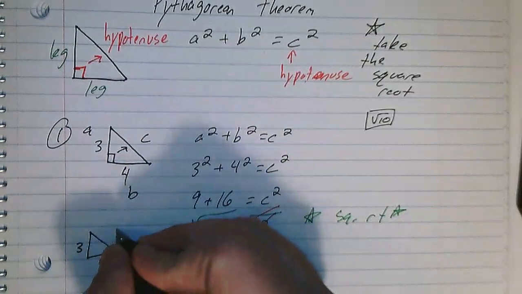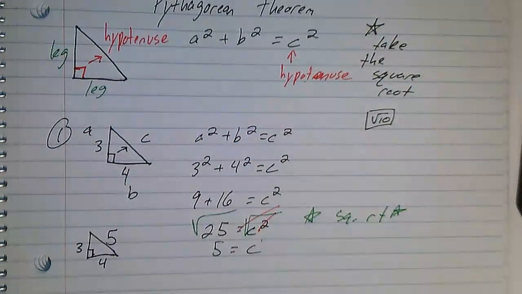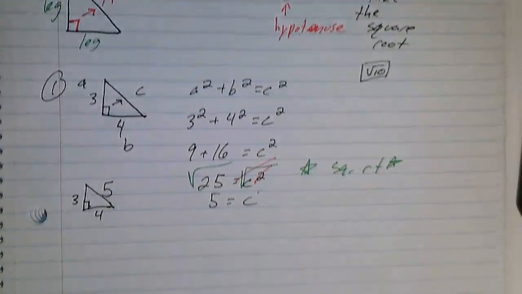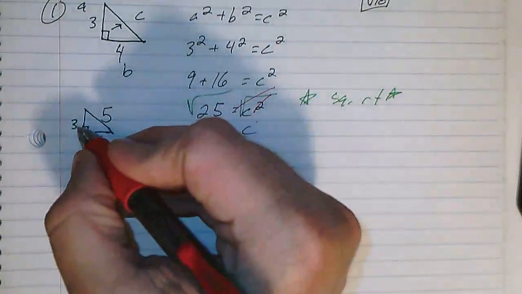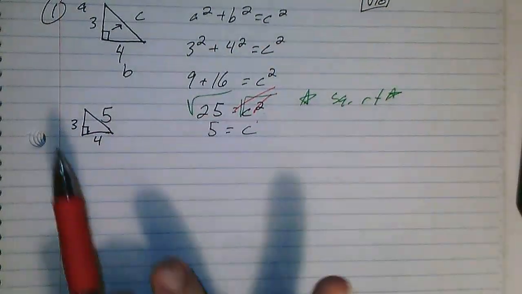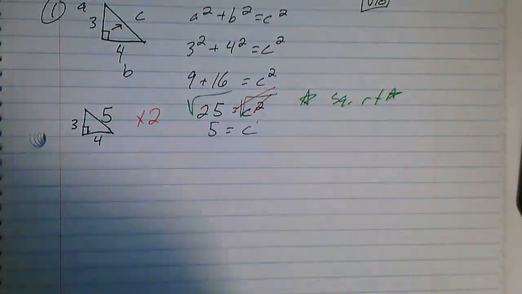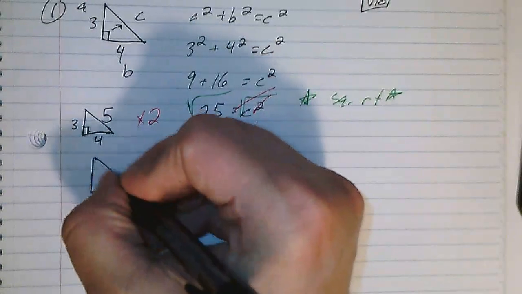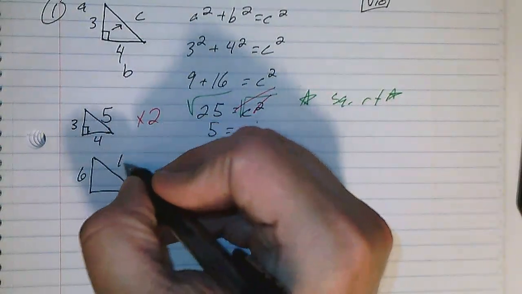3, 4, 5 is one of the most common right triangles. And if you're watching this, then I'll just tell you that a lot of the right triangles that you end up solving for, I know when I'm in class making one up off the top of my head, I always just use a multiple of the 3, 4, 5. Multiply everything by 2. 3 times 2 is 6. 5 times 2 is 10.